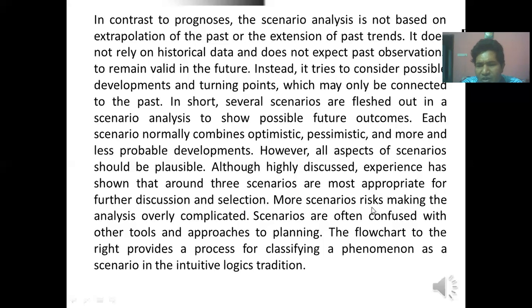More scenarios risk making the analysis overly complicated. Scenarios are often confused with other tools and approaches to planning. The flowchart to the right provides a process for classifying a phenomenon as a scenario in the intuitive logics tradition.